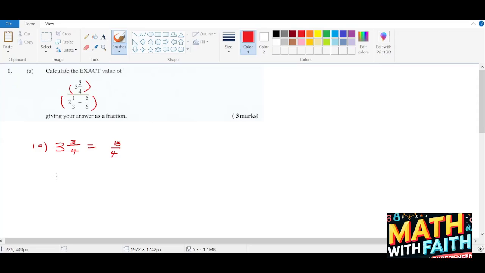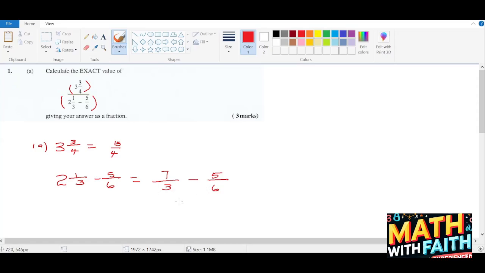So let's work out 2 1/3 minus 5 over 6. So again, we're going to change our mixed number into an improper fraction. So that's over 3. It will keep the same denominator. 3 2s are 6 plus 1 is 7, minus 5 over 6. And of course, the denominators are different.